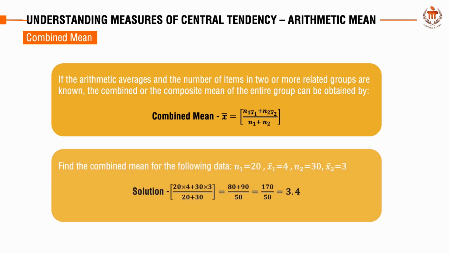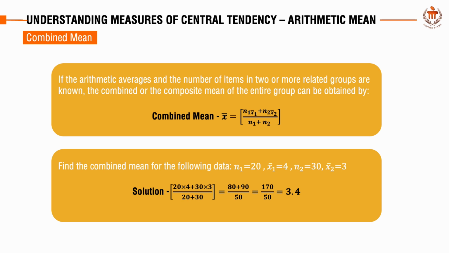So imagine there's a problem where I have to find the combined mean for the following data, where the first data set has 20 observations with a mean of 4, and the second set of data has 30 observations and a mean of 3.